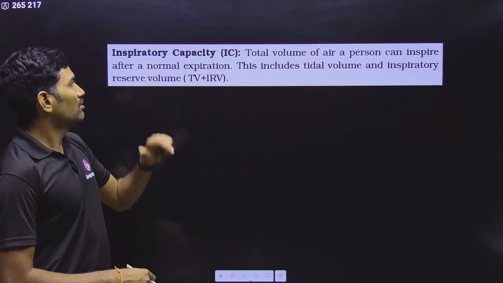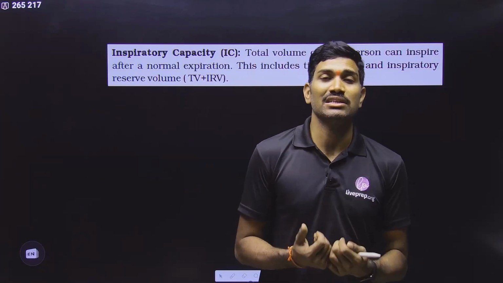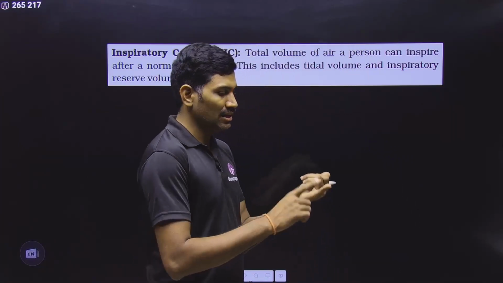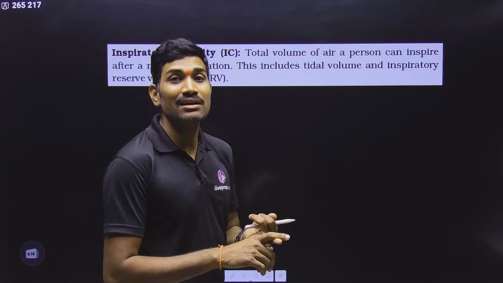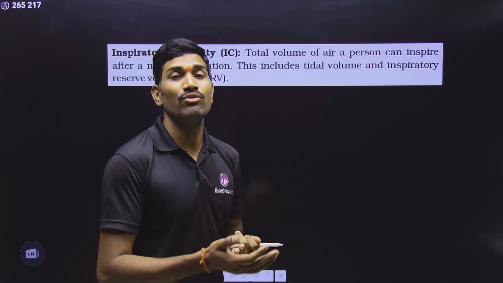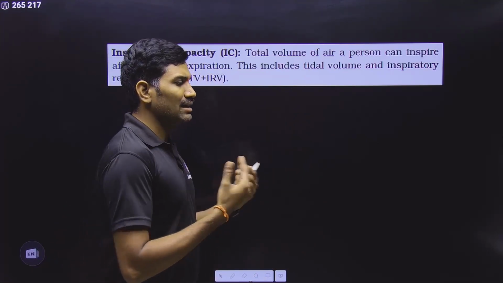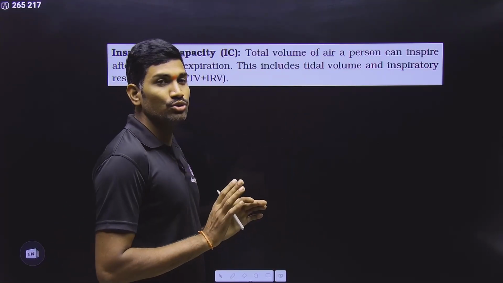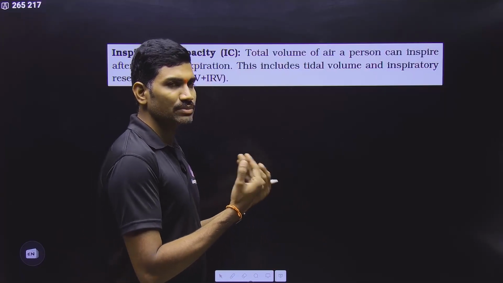What are these? The first one is inspiratory capacity. Please remember, now they are asking about my capacity. What is my inspiratory capacity? Anyhow, I can take the tidal volume. Along with the tidal volume, I can take the inspiratory reserve volume by forced inspiration, right? But in this particular condition, under normal expiration, you should not do forced expiration; you need to do normal expiration.